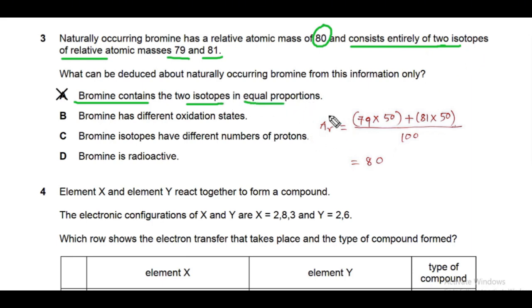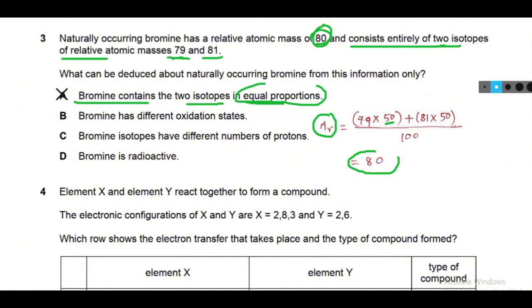So if you calculate, you get the relative atomic mass Ar equals 79 times 50 plus 81 times 50, since they are equal amounts, divided by 100. If you calculate, you get 80.